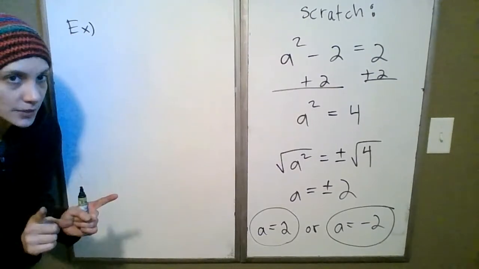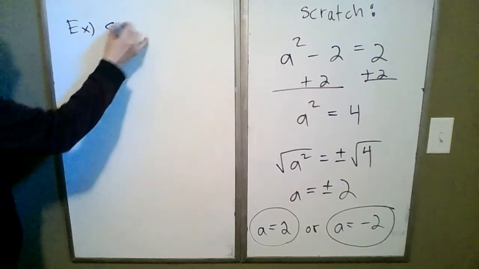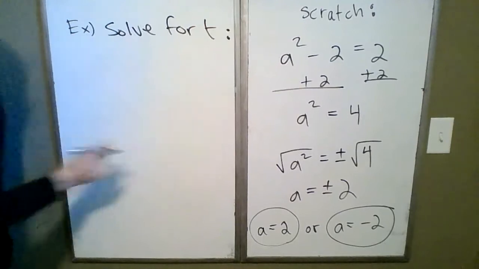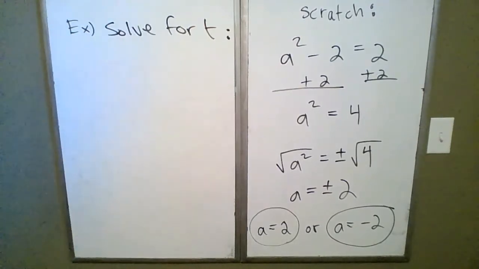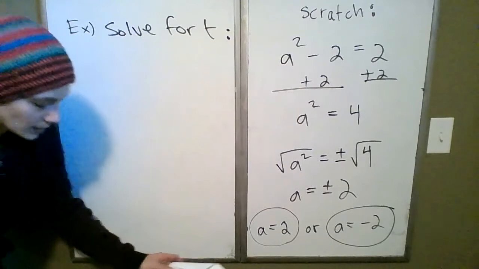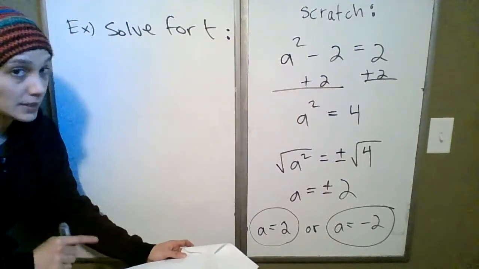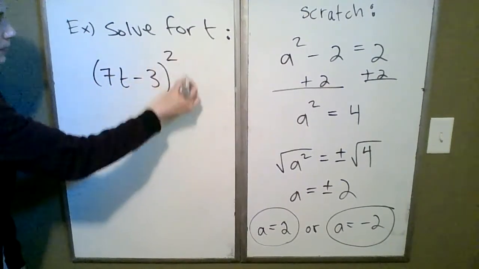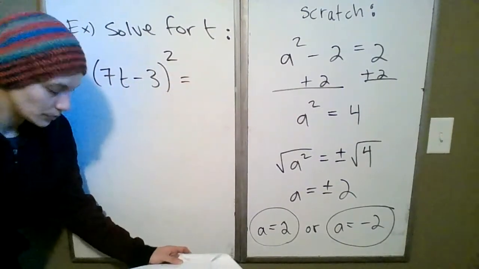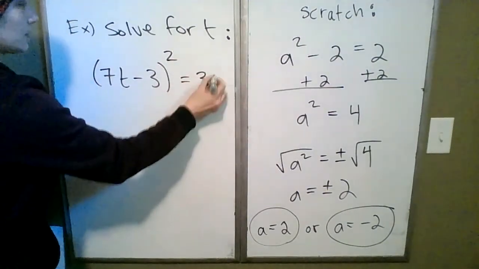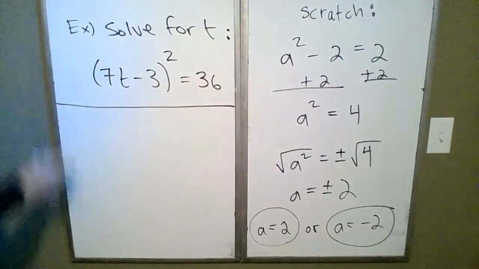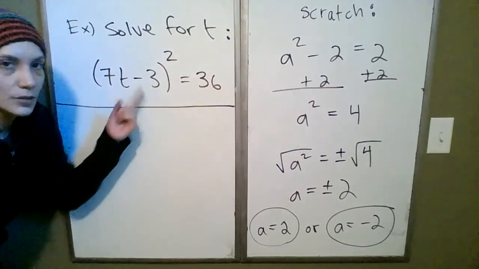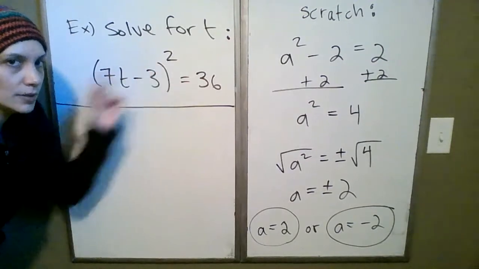This time we solve for t. And the equation is 7t minus 3 squared equal to 36. I want to take care of that exponent of 2 with the square root.